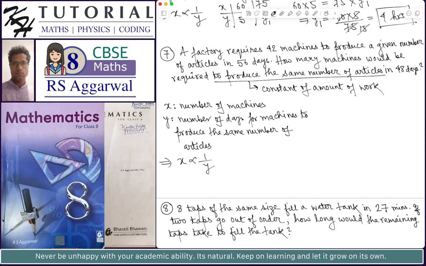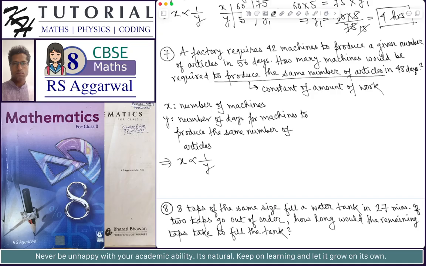So if the number of articles to be produced is the same, then if you increase the number of machines, definitely they will take fewer days, and vice versa. That is, if you take fewer machines, they will take more days.